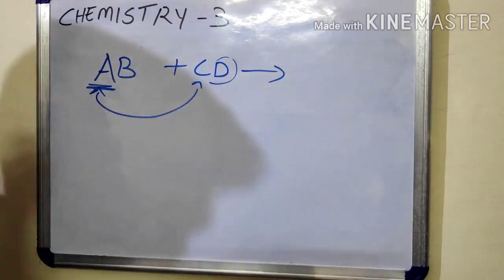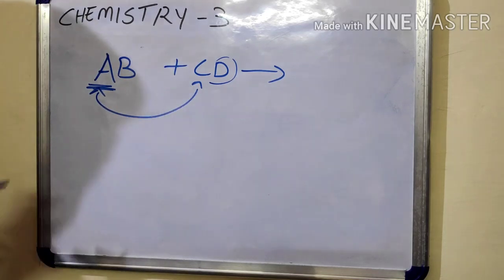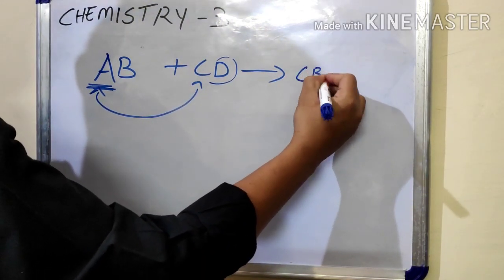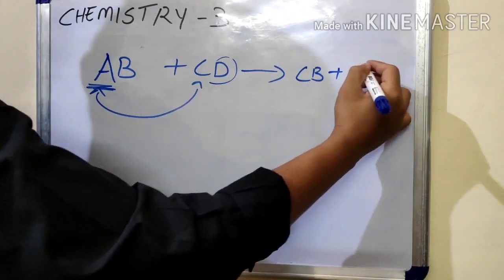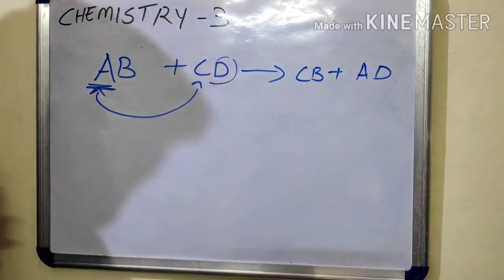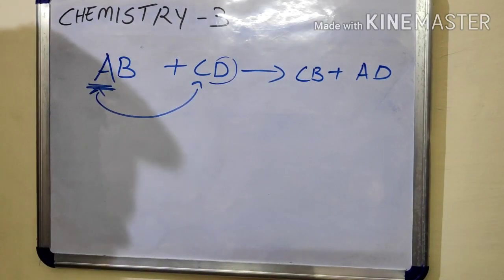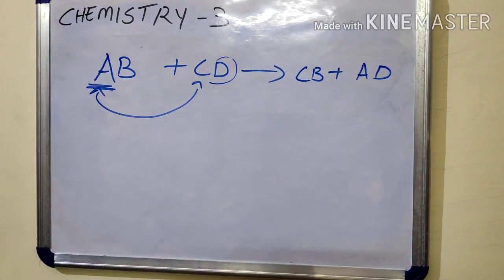Basically, these two cations will interchange. So you will get something of the sort CB plus AD. The cations will interchange their positions.